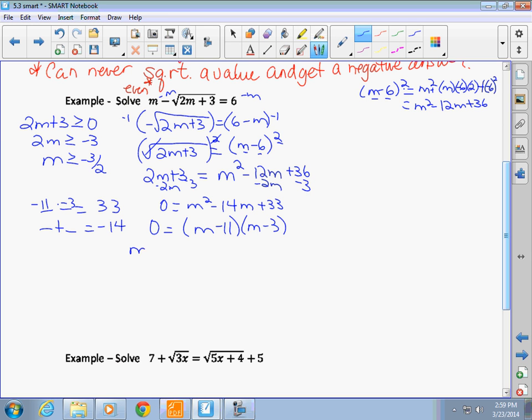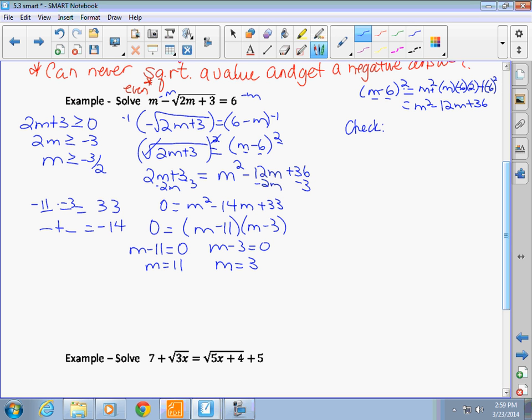I take each factor, put it equal to 0 and solve, so m is equal to 11, m is equal to 3. Second, my restriction. 11 is greater than negative 3 halves, 3 is greater than negative 3 halves, so it works for the restriction. Now I need to try it for that extraneous root.